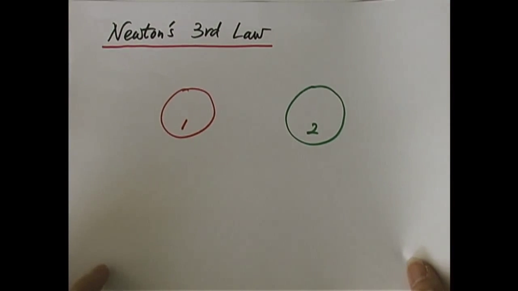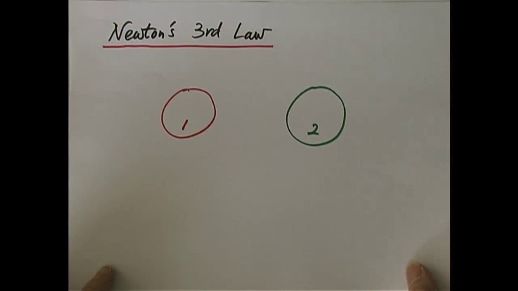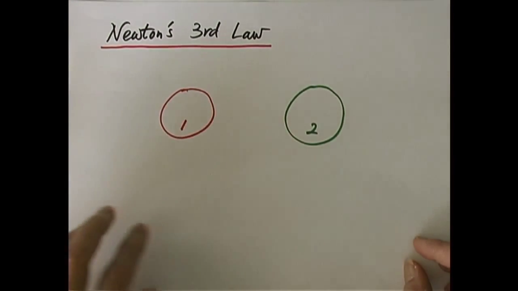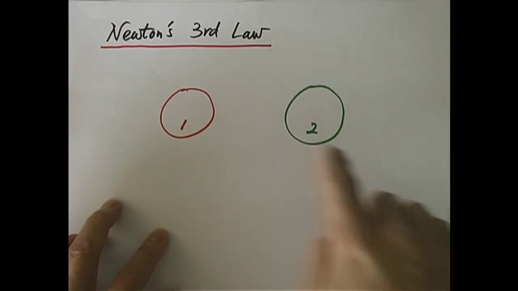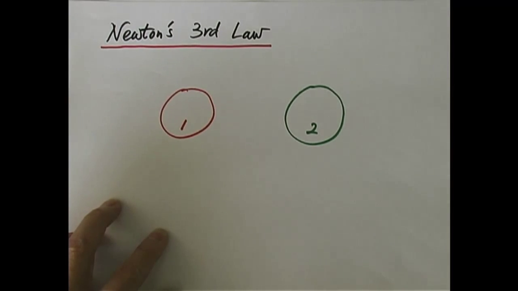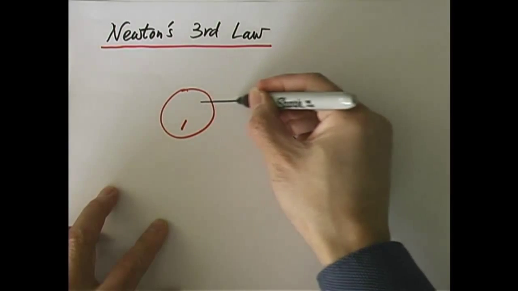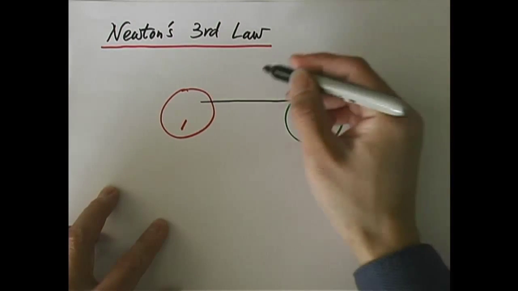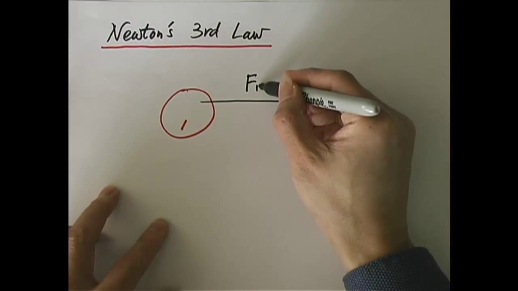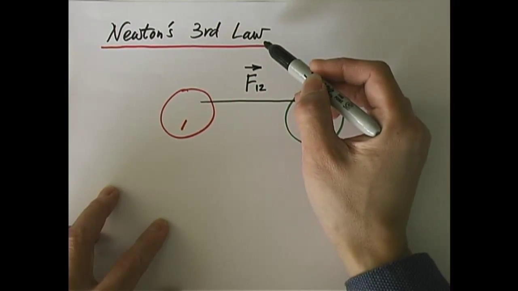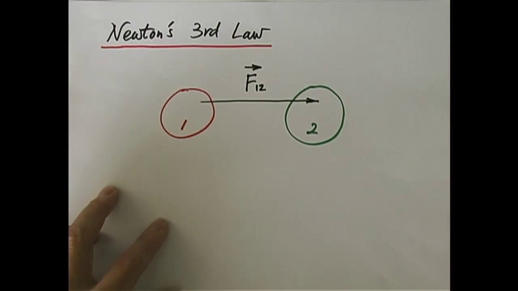Let's look at Newton's third law. What does it say? Well, in Newton's third law, there are two objects, object 1 and 2. Actually, it doesn't have to be two separate objects. It could be two parts of the same object, whatever. Object 1 exerts a force on object 2. We call it F12. What does Newton's third law say?